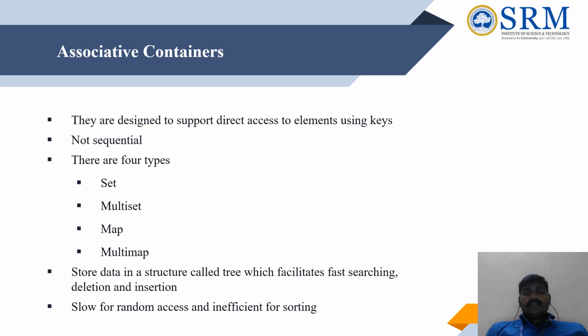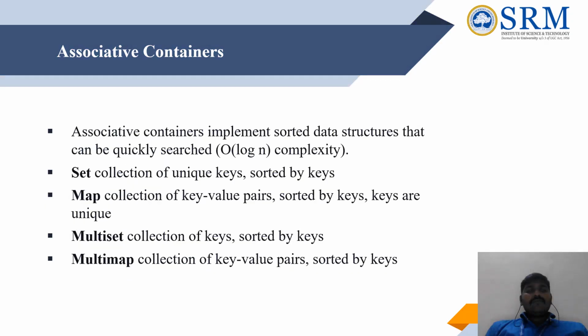Everything we search happens with the keys. With reference to the keys, we'll get the data because we store the values with the help of keys. We'll discuss all four types one by one and then get into map.